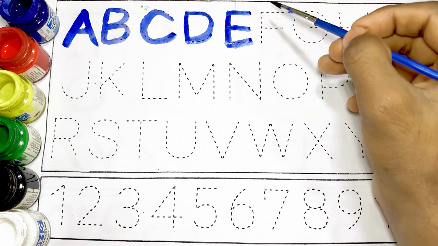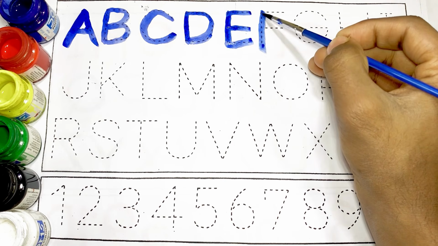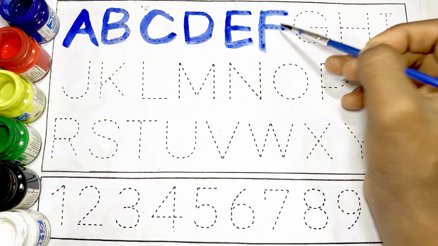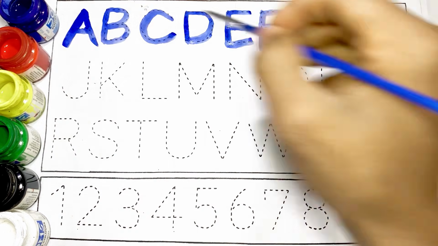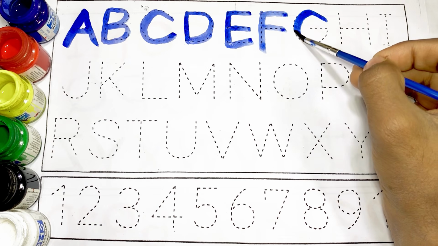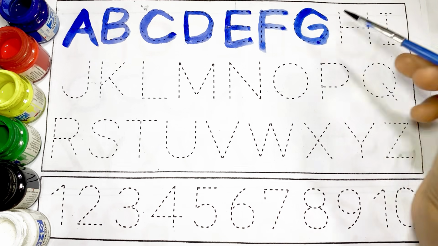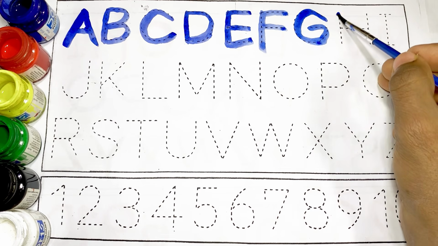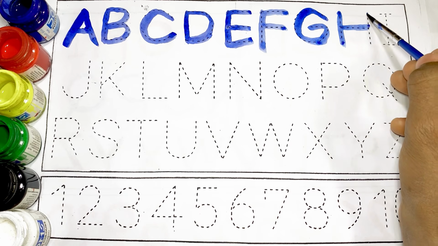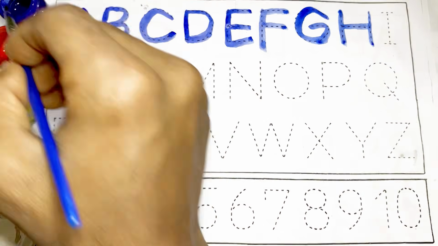E for elephant. F for fish. G for God. H for helicopter.